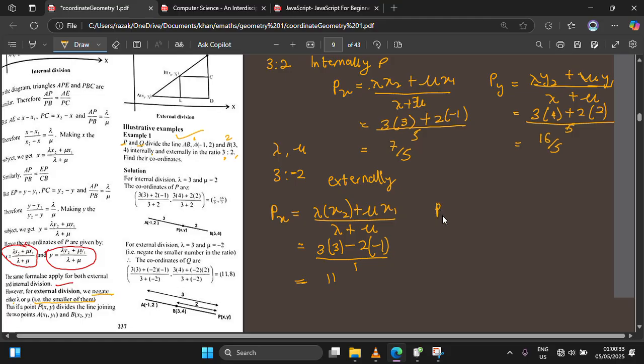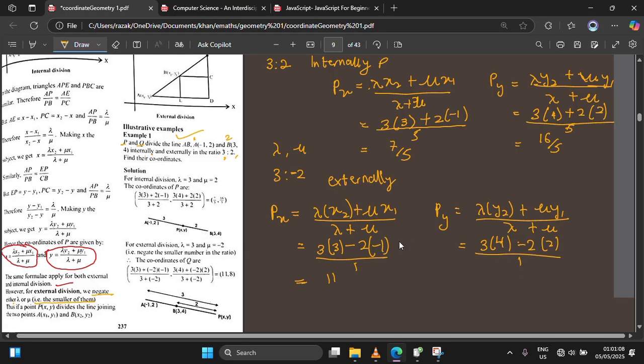And let's find py for externally, lambda y2 plus mu y1 over lambda plus mu. We have 3. What's y2? y2 is 4 minus lambda mu now becomes minus 2 into all over 3 minus 2, which is 1.